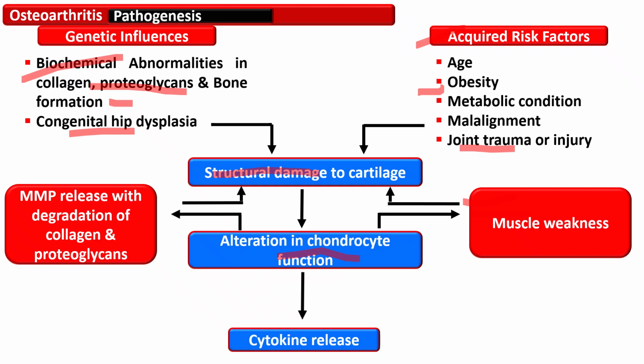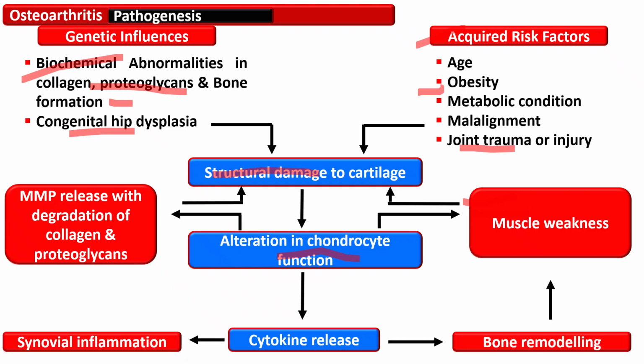There is release of cytokines also, and these are responsible for the inflammation of the synovium and remodeling of the bone. So remodeling can further contribute to the muscle weakness.